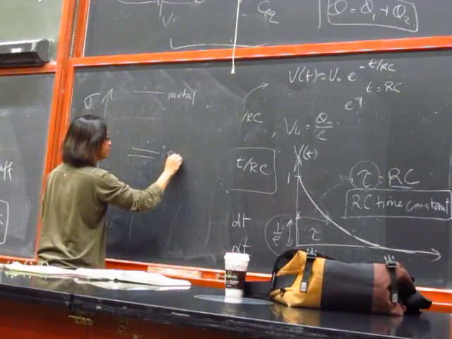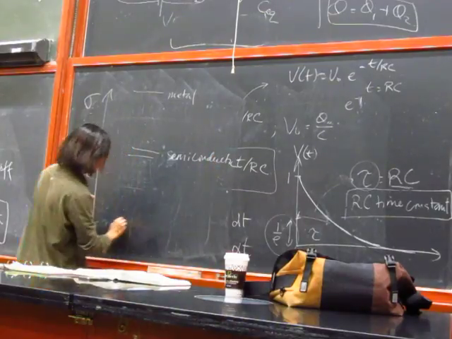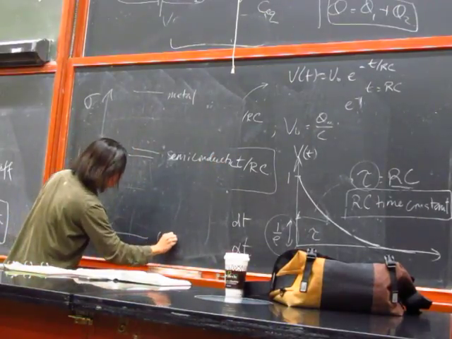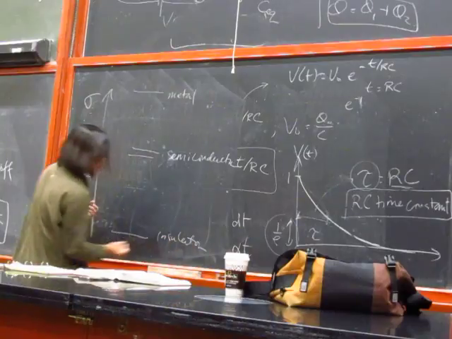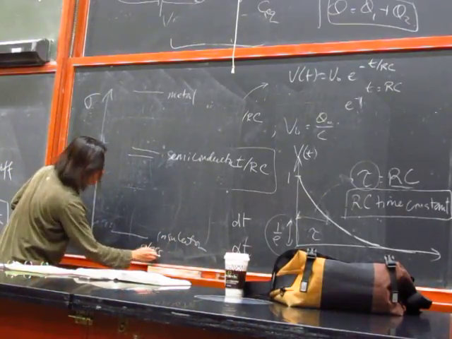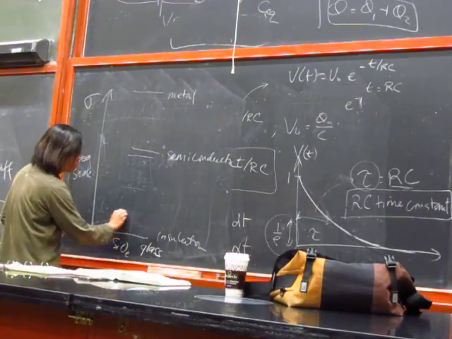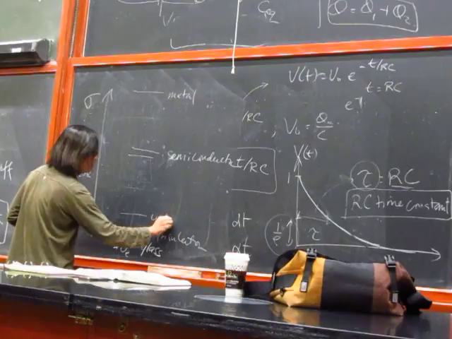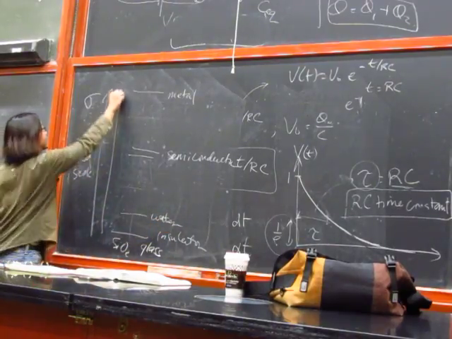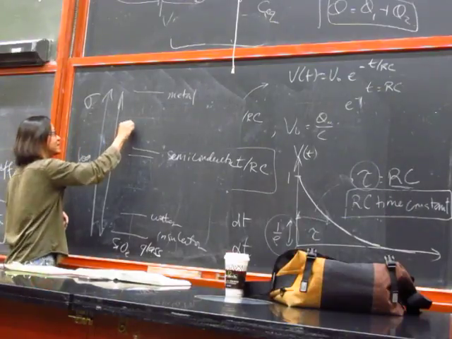Here you have semiconductor, and then here you have insulator, say glass, SiO2. Water is somewhere over here. And this can span 17 orders of magnitude.